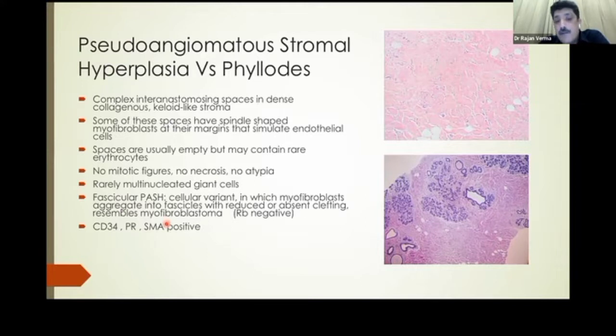It resembles a myofibroblastoma, but myofibroblastomas are RB protein negative, as we told, and they are almost always SMA positive and strong PR positive. Of course, CD34 positivity is also seen. So PASH can be a tricky thing. It can coexist in phyllodes tumor, but these are the morphological features to look into, and IHC might be able to help.